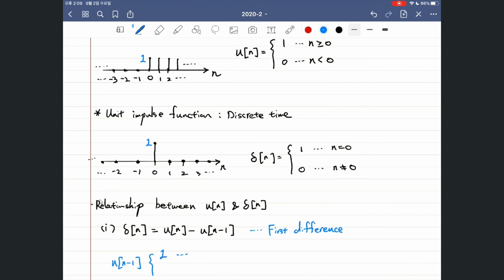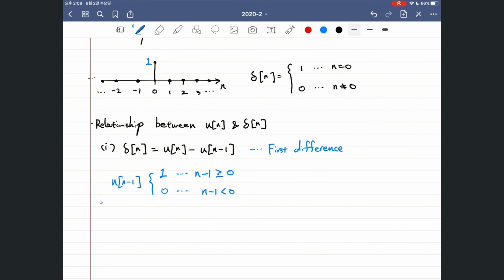Because you replace n by n-1. And 0 otherwise, so when n-1 is smaller than 0. If we rewrite this, it means n is bigger than or equal to 1, and this means n is smaller than 1.